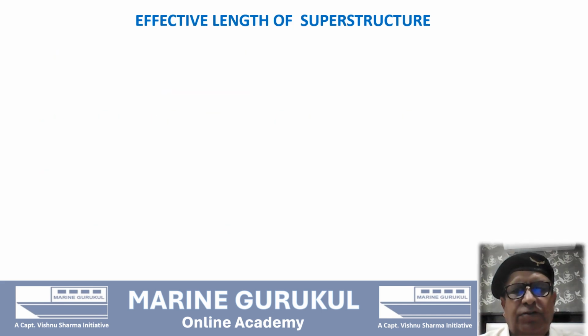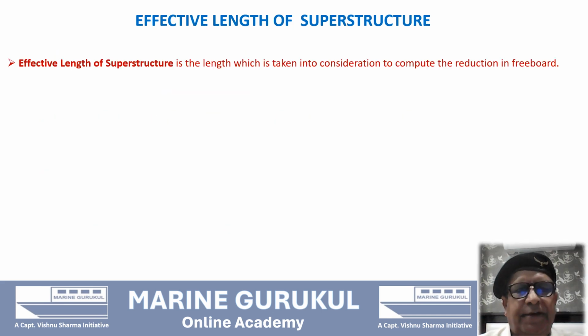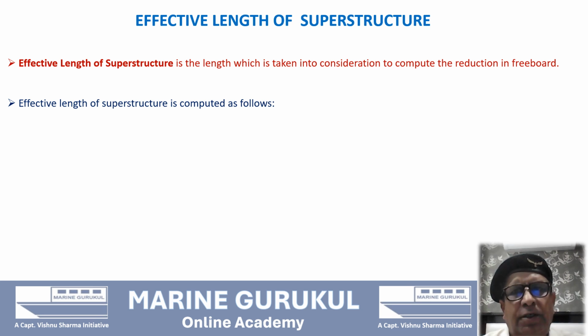Effective length of superstructure. Effective length of superstructure is the length which is taken into consideration to compute the reduction in freeboard. In other words, the load line convention takes into account the effective length of superstructure. Effective length of superstructure is computed as follows.